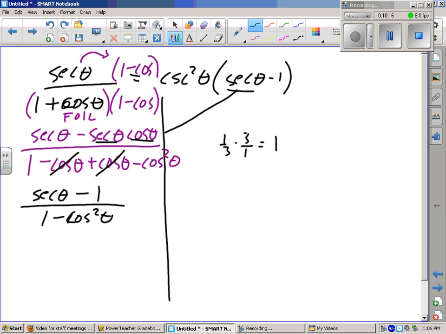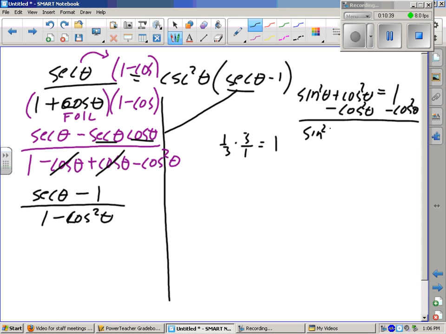All right, remember when we had sine squared plus cosine squared equals 1. Well, this time I want to make 1 minus cosine squared. So if I do minus cosine squared on both sides, I'm going to get sine squared equals 1 minus cosine squared. So this gets replaced in to the equation for this.